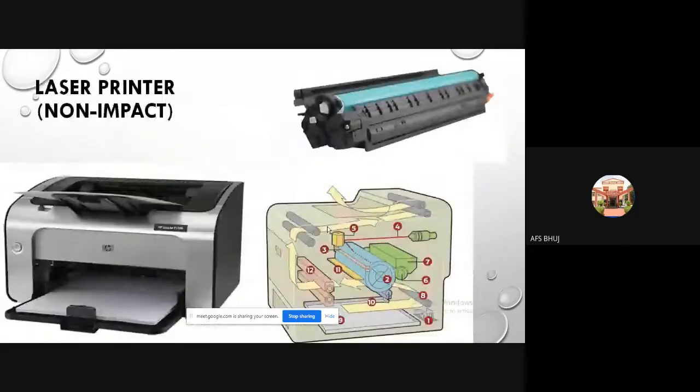Printers are of different types, like laser printer, dot matrix printer, and inkjet printer. Laser printer is the latest one we are using. It uses laser technology to print text or images on paper. If you compare with other printers, this is the best technology, and it gives the best quality also.